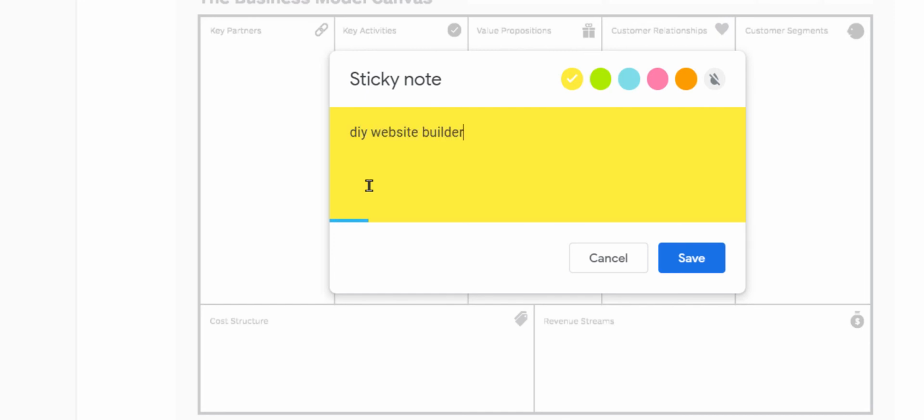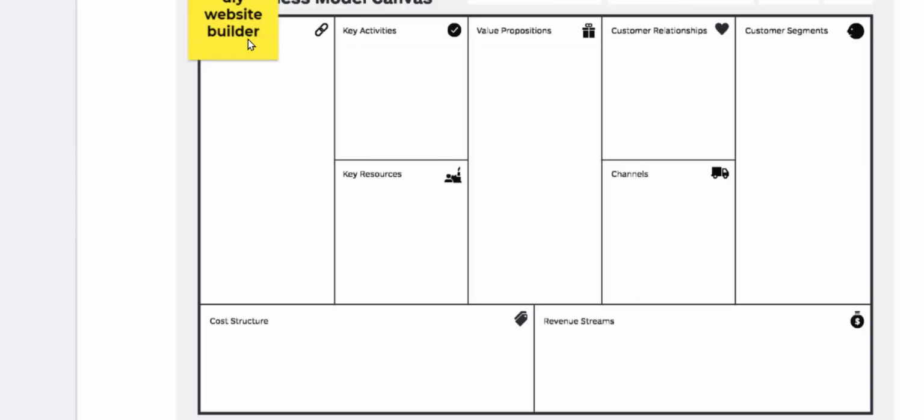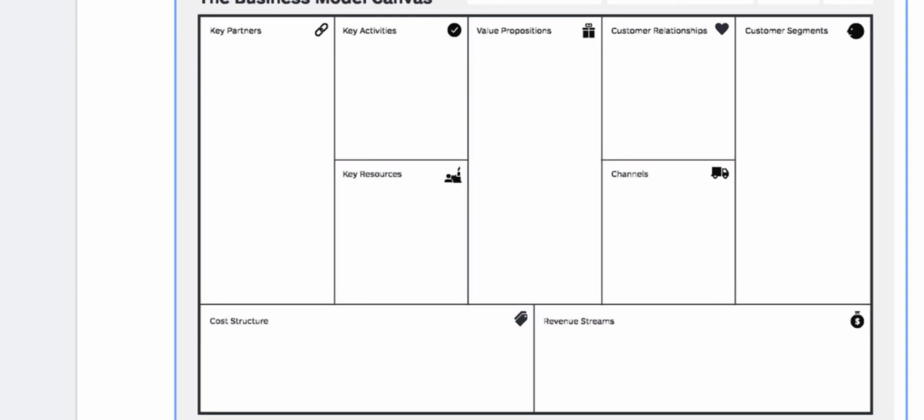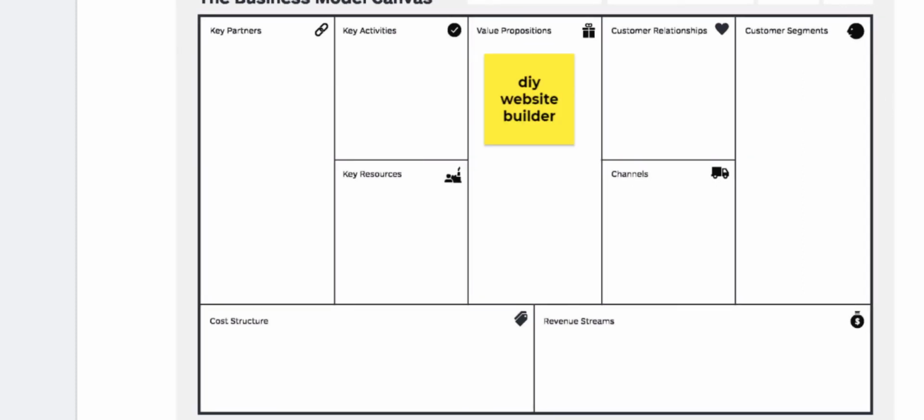So this is kind of a product service. The product is the builder, but it provides a bit of a service in getting that done. So the value proposition is like a DIY website builder that allows them to build their website quick and easy.